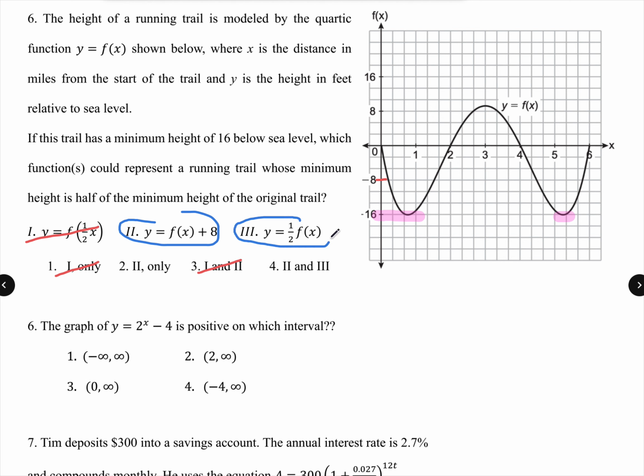So same thing, answer choice number 3 works. So the only correct answer is number 4, 2 and 3. They're always going to hit you on the 3 important pieces of any trig function: frequency, midline, or shift up or down, and then my amplitude, which is how big or small my wave's going to be.